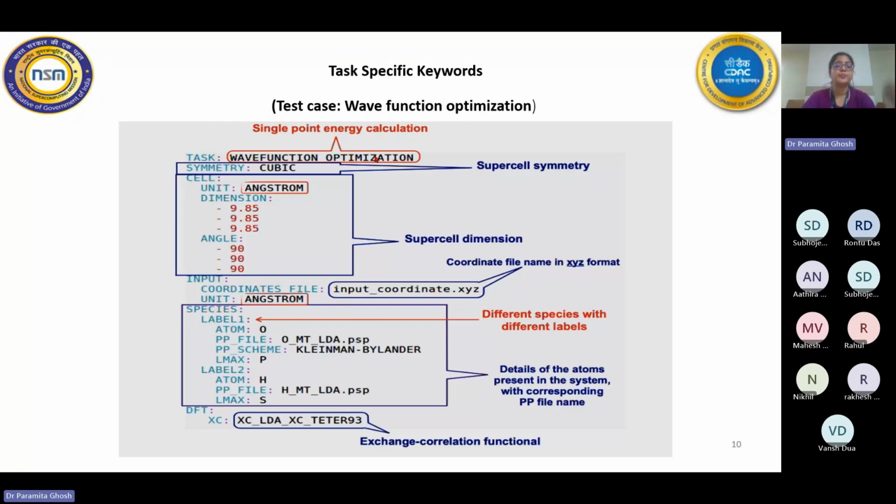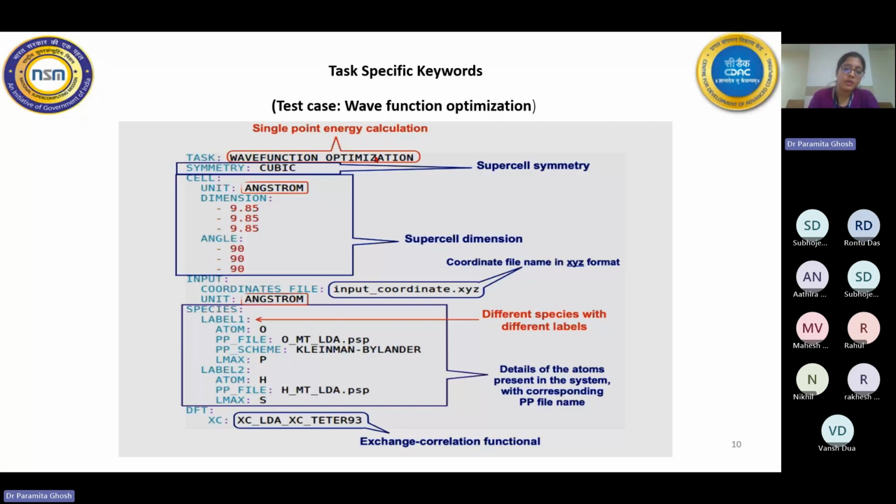Now, next, symmetry. This basically represents the symmetry of the supercell. Here I am using cubic, but users can use any symmetry like FCC, BCC, or hexagonal. Now, the next part contains the supercell dimension.